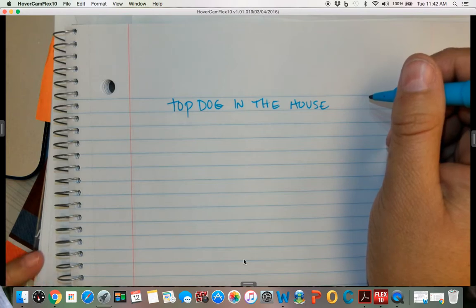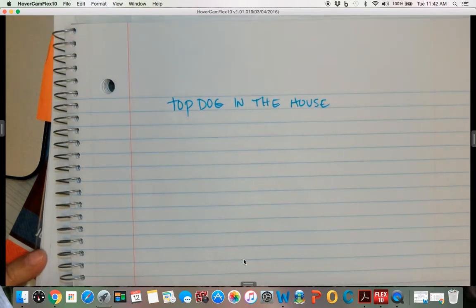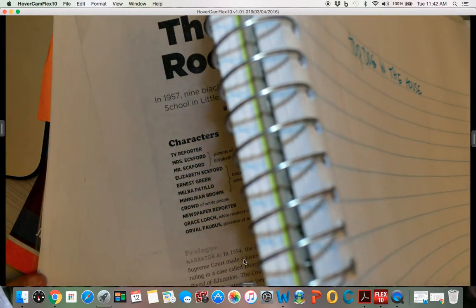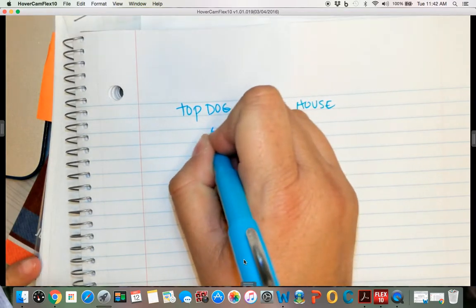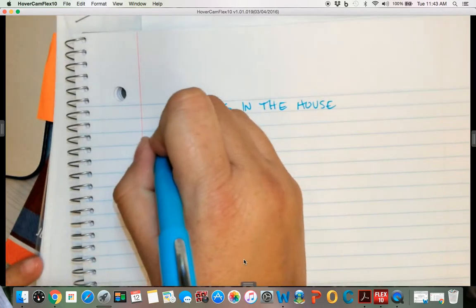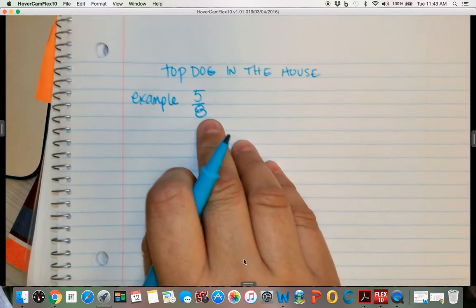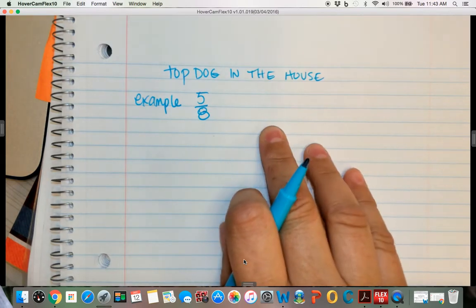So let's say I have, let me get a fraction. Let's do 5/8. 5/8 is a common fraction that you'll see. 8 does not easily make 10, 100, 1,000.